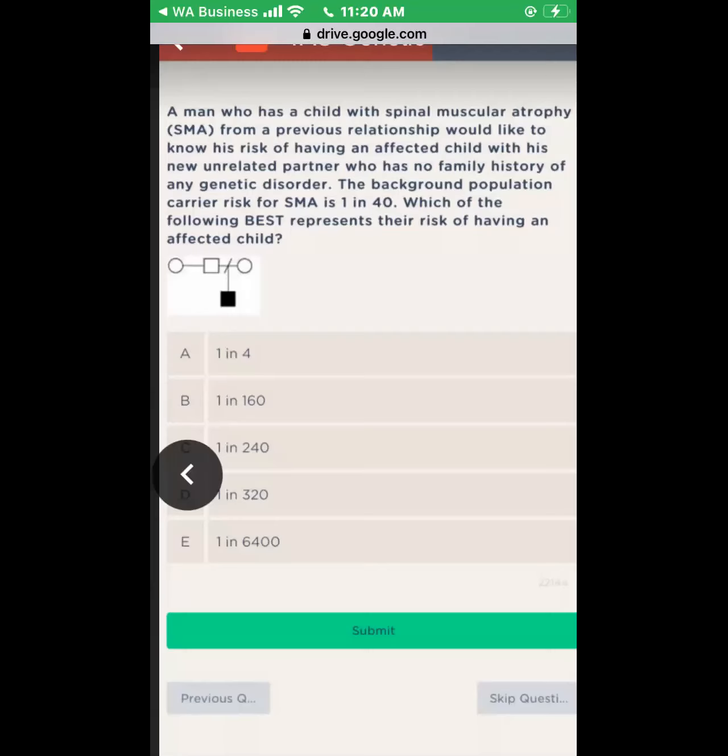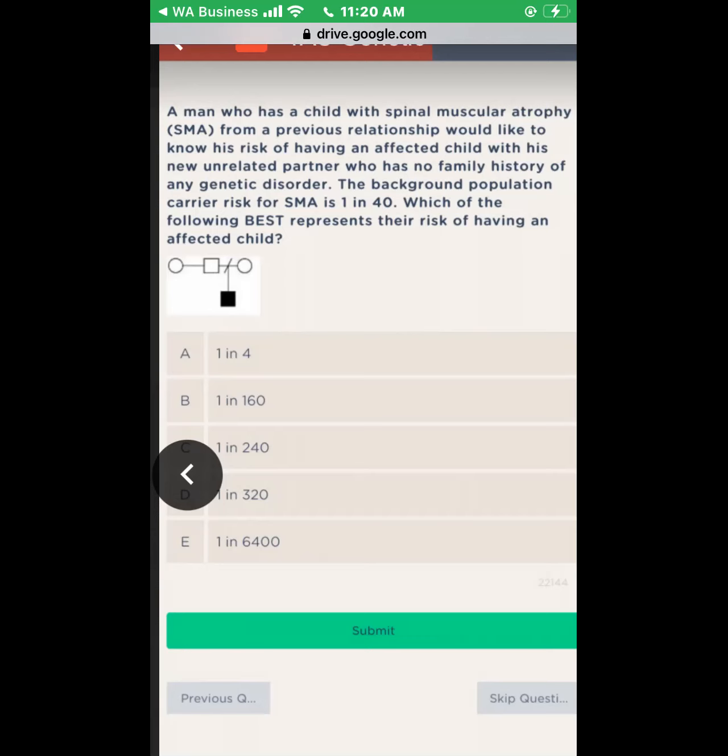Now let us see some case scenarios by which we can identify how we calculate genetic risk. See this question. A man has a child with spinal muscular atrophy from a previous relationship, that means this man had another wife or girlfriend, and they have a child affected by spinal muscular atrophy.